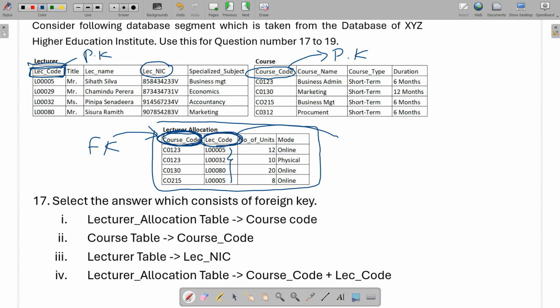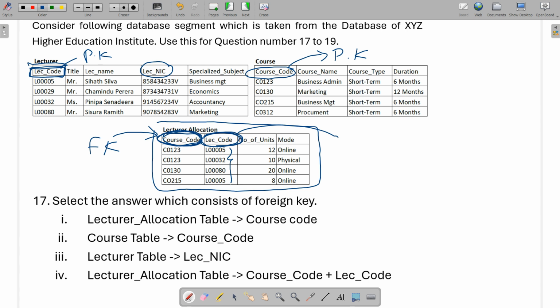So when it comes to the foreign key, the only thing you need to find is whether any primary keys of a different table have been used in this particular table. Then you will be able to find the foreign keys.